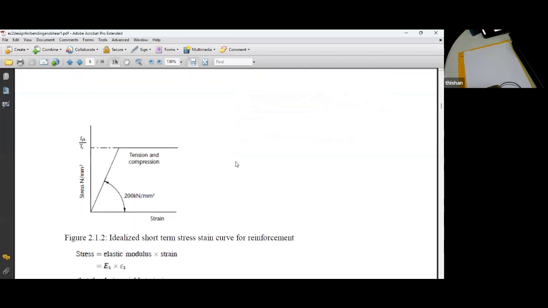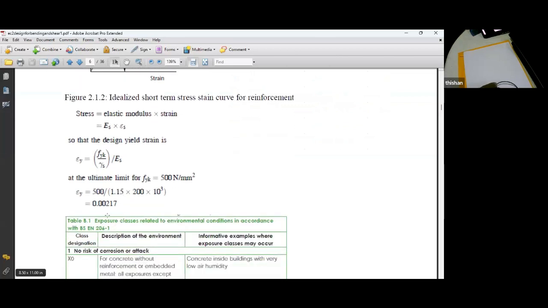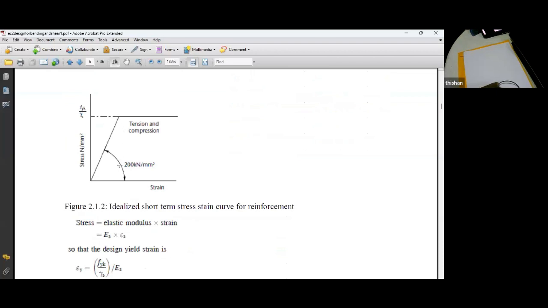And then steel reinforcement also, we have a special situation because we are now not using 460 steel that gave 400 as the strength or a strain of 0.002. Now we get a strain of 0.00217. In BS code, we got a strain limit of 0.002 because we were using 460 steel having a working stress of 400.